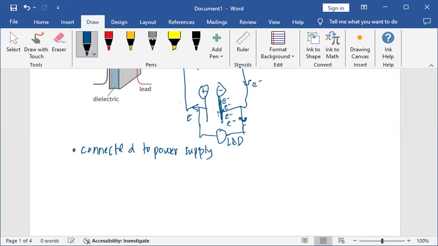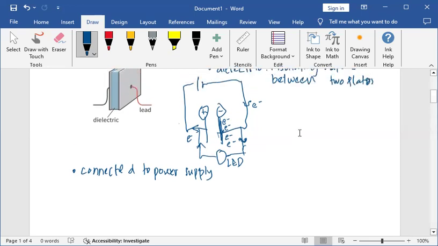Yeah, the electrons will flow here. So when the electrons flow, the electrons will decrease in this plate. In that condition we call it a discharging capacitor. So how do we charge the capacitor again? Yeah, we connect it to the power supply again.